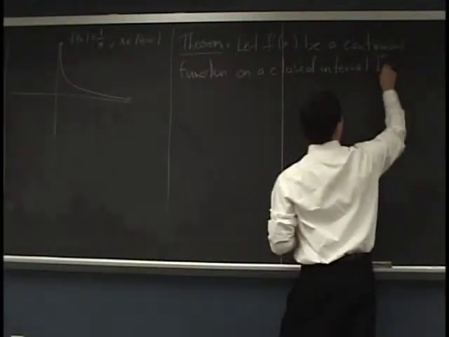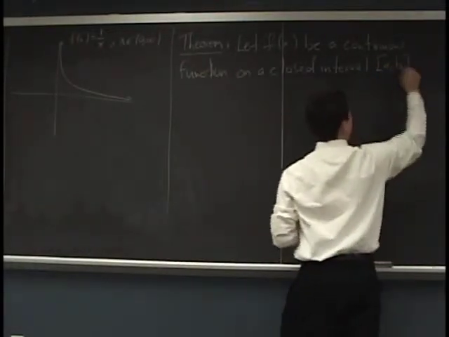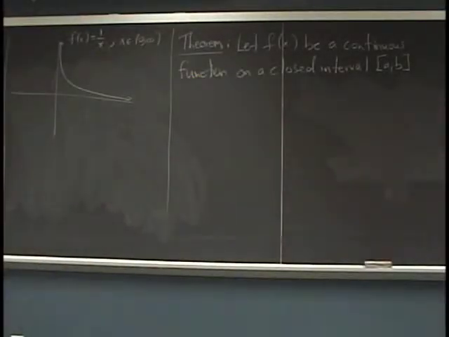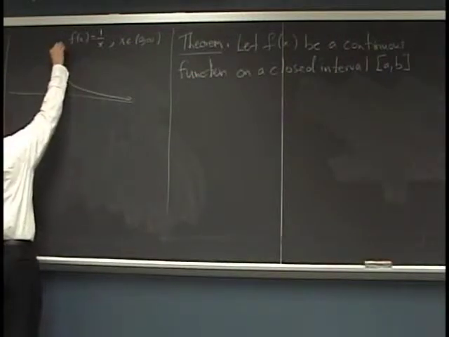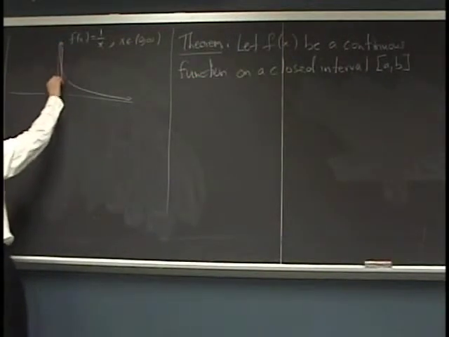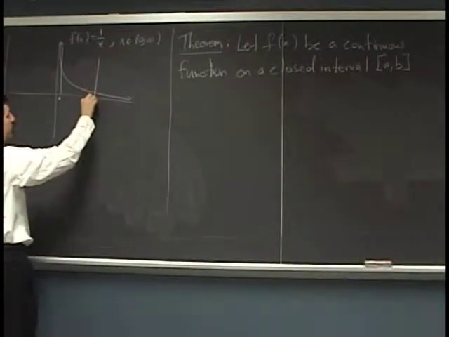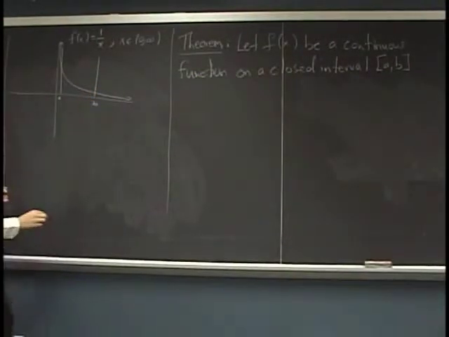So we're going to have a continuous function on a closed interval. We'll just give it a name. We'll call it AB. Okay? So we really include the endpoints. And you can see what happens if we stop this function somewhere. We've got our A, and we stop the function over here, and we've got our B. Well, now it really will attain a maximum value.